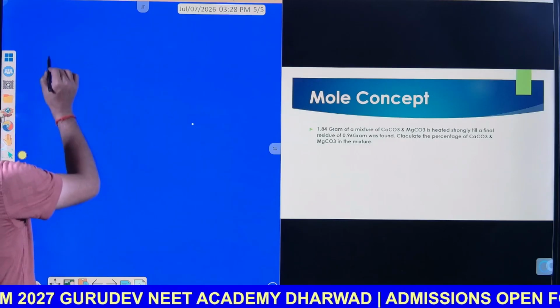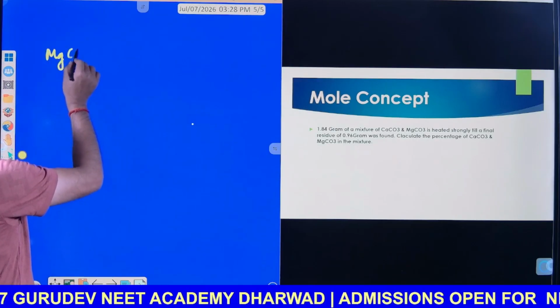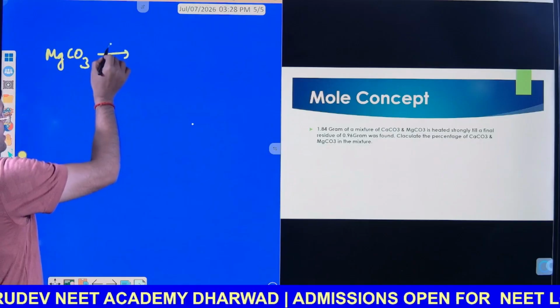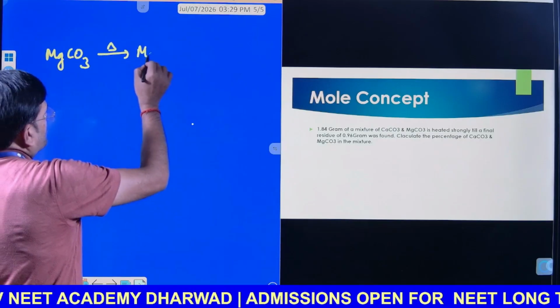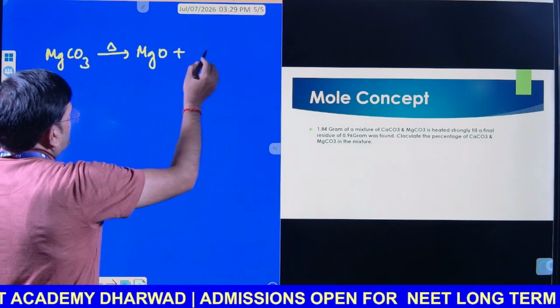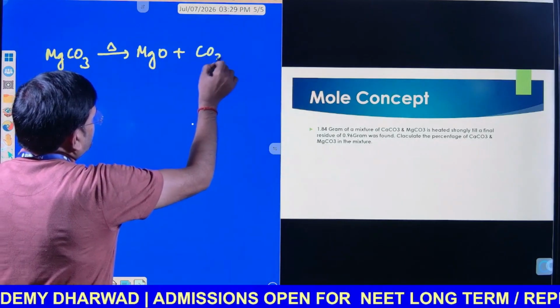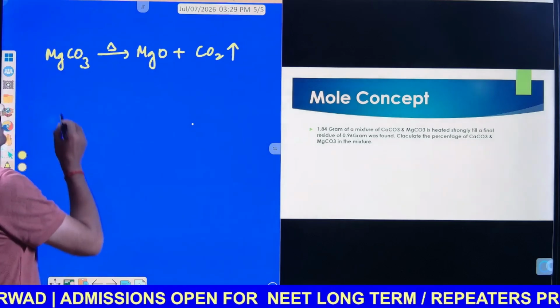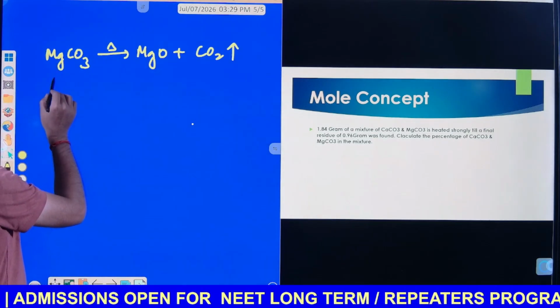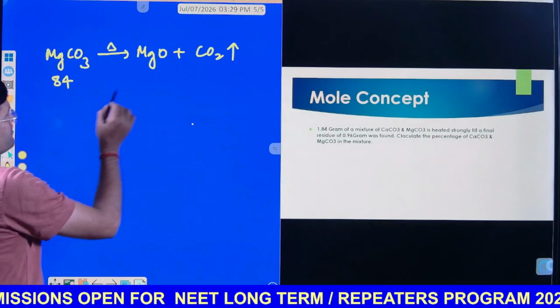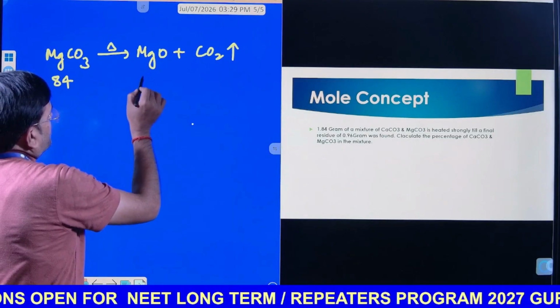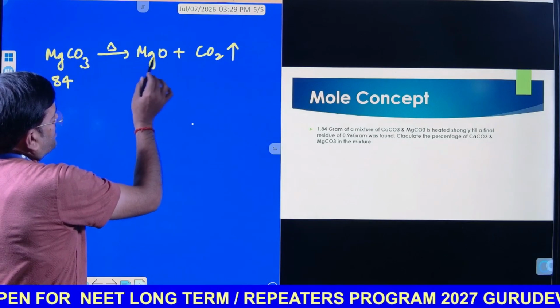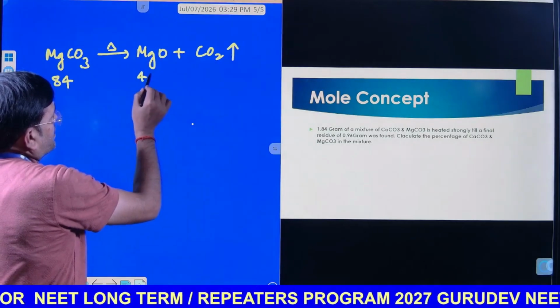So we will write magnesium carbonate and heat it again. This gives MgO plus CO2, CO2 again escaping out. So what about the molar mass? This one is 84, this one is 40: 24 magnesium, 16 oxygen, so 40.